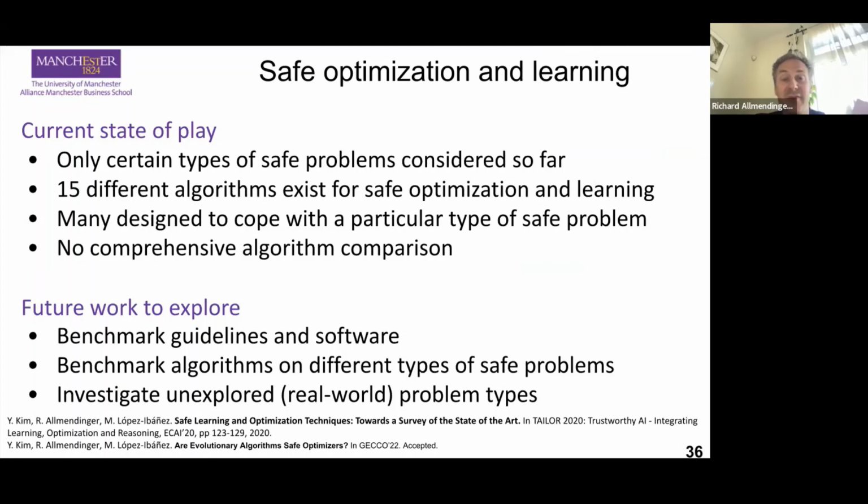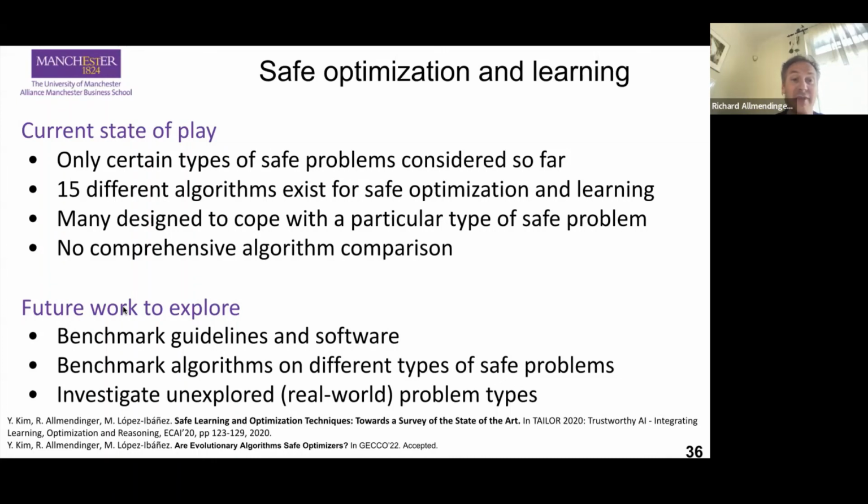Only very simple and the same type of safe optimization problems have been considered in the literature. We wrote a survey that we published in 2020, and in that survey we reviewed 15 different algorithms to cope with safe optimization problems, and these were the only 15 algorithms that were out there in 2020.